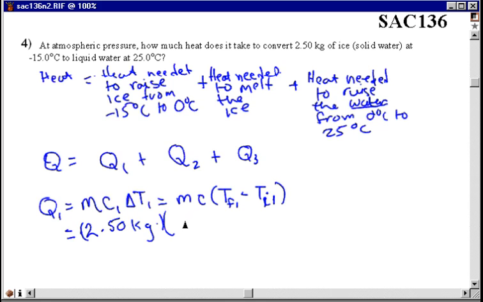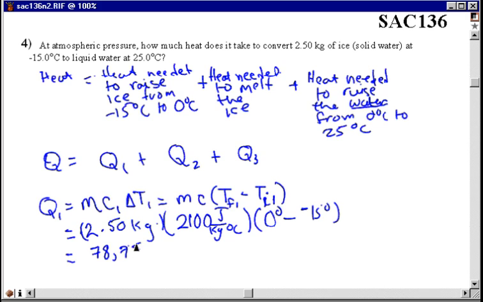The specific heat of ice is 2100 joules per kilogram degrees Celsius, and the final temperature is going to be 0 degrees, and we're subtracting off the negative 15 degrees. Multiplying those together gives 78,750 joules.